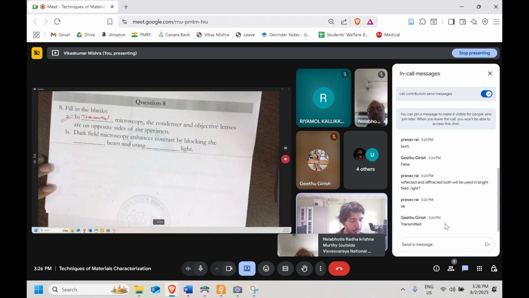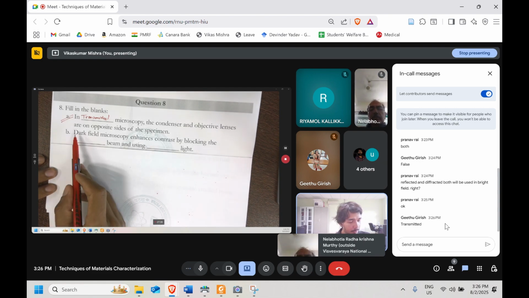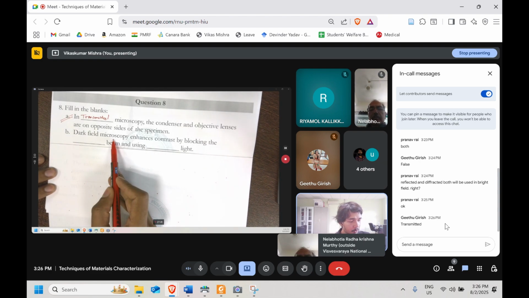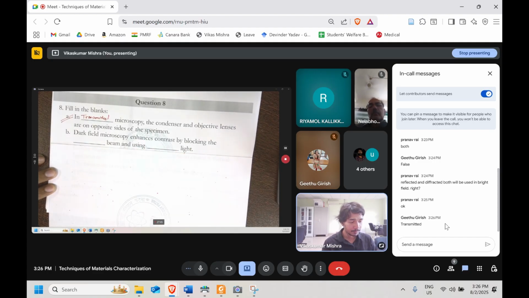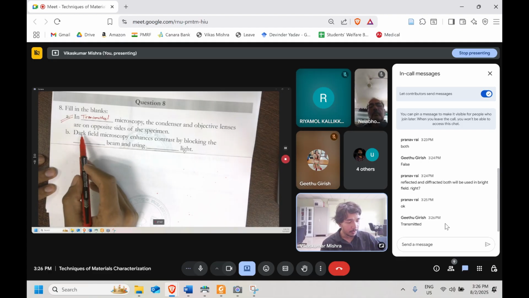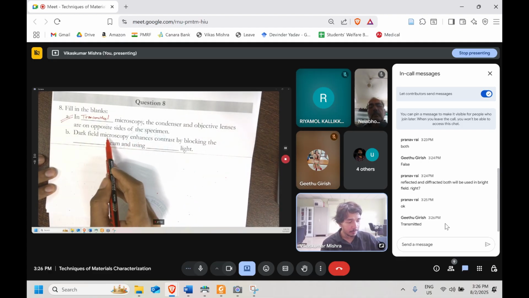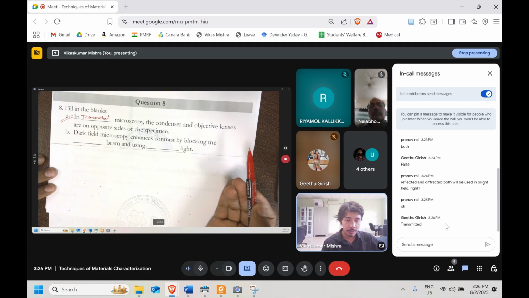Now let's move to the next question. Question number B. Dark field microscopy enhances the contrast by blocking the dash beam and using the dash light. So how is dark field microscopy enhancing the contrast?